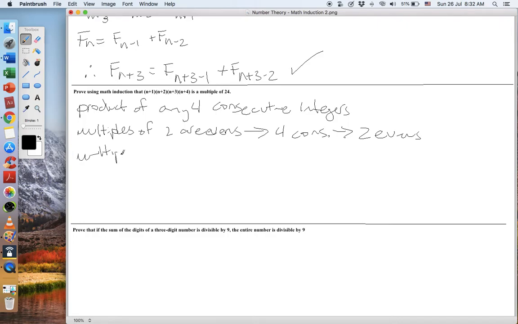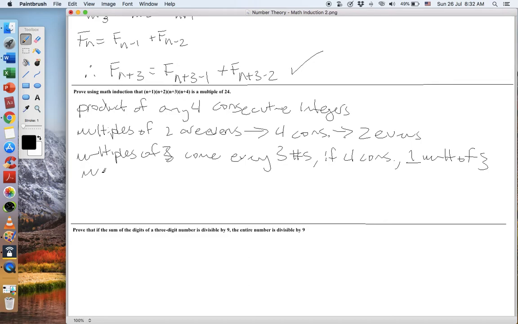Multiples of 3 come every 3 numbers, so if we have 4 consecutive, we've got at least 1 multiple of 3.